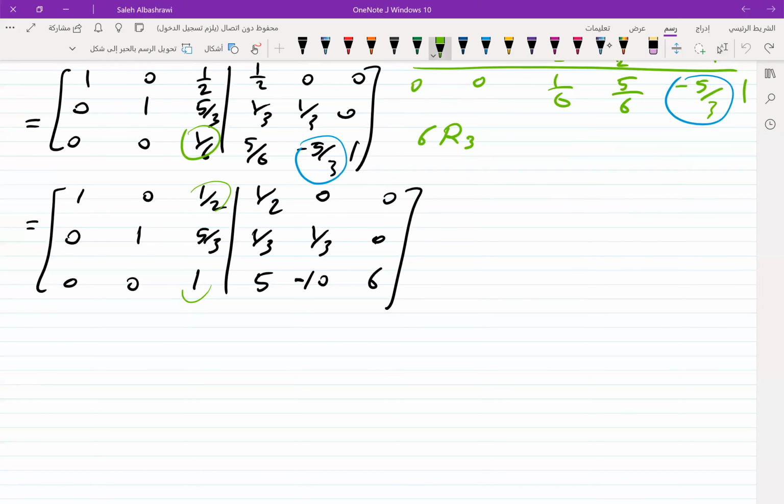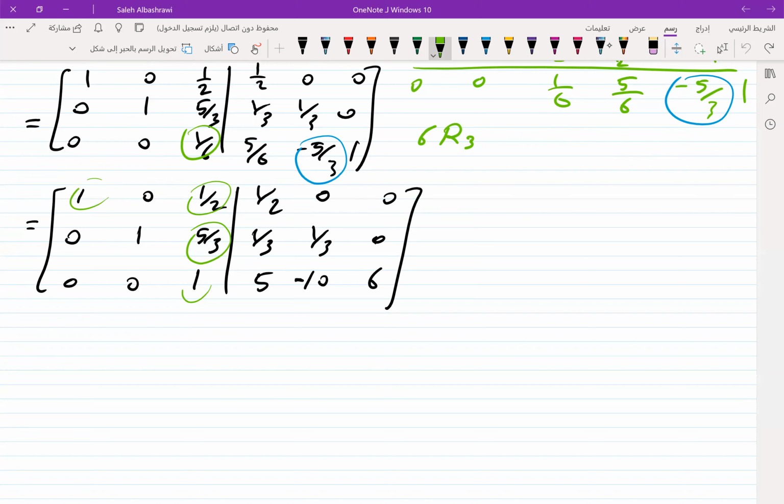So I need to make this equal to 0, 1/2. And this one also 5/3, we need to make it equal to 0. So multiply the third row by 1/2 or the first row by 2. But I have to keep this one unchanged.